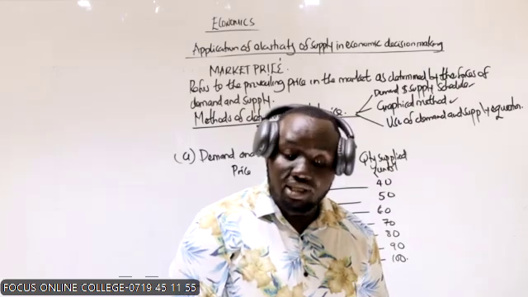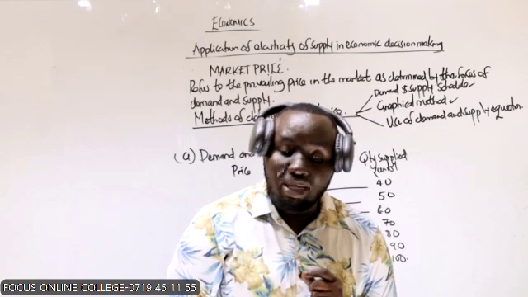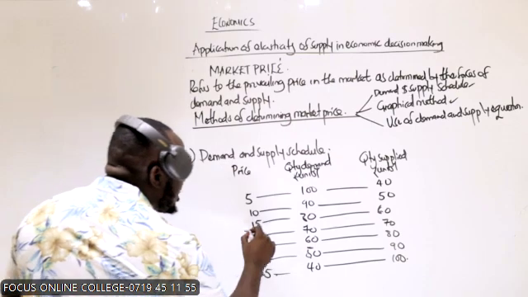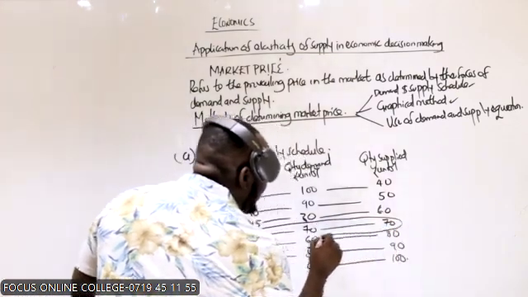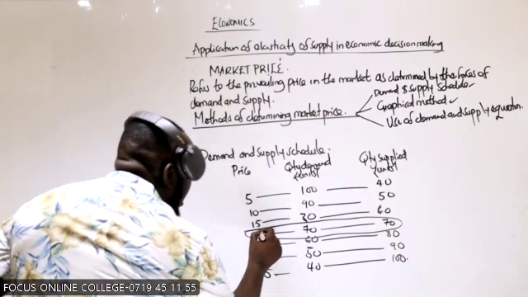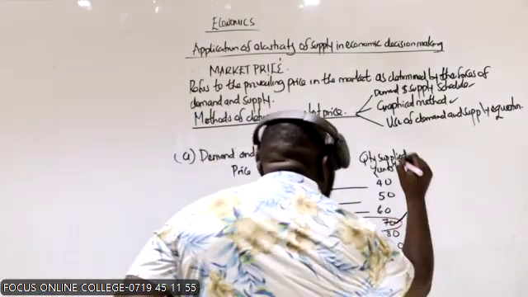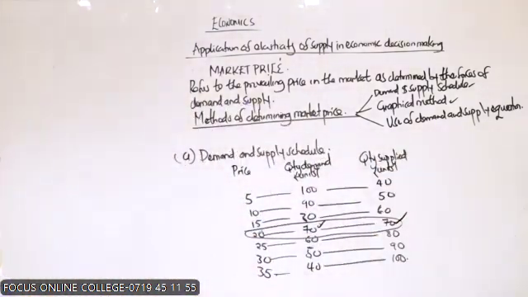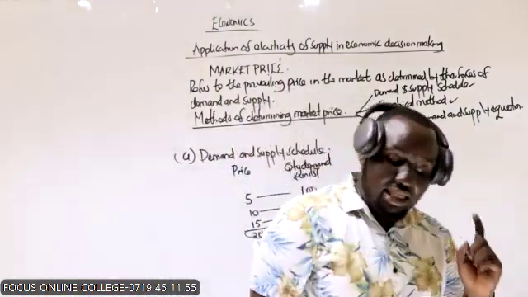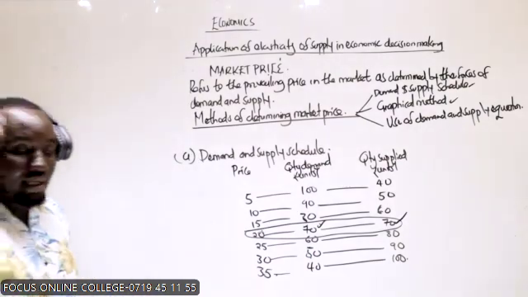The equilibrium price is where quantity demanded is equal to quantity supplied. Where do I have it? I have it at 20. At 20, the quantity demanded is 70 and the quantity supplied is 70. So at equilibrium price, the quantity demanded and the quantity supplied are equal.